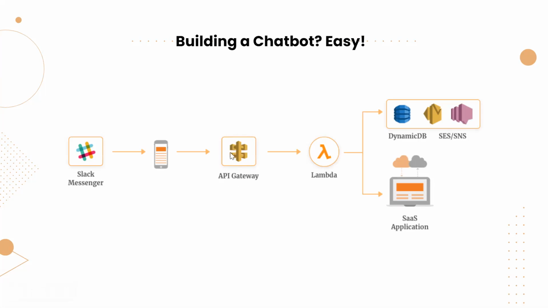This notification goes to the API gateway, and the API gateway takes whatever input the user said to the chatbot, and it passes it to a Lambda, which uses Simple Notification Service along with Simple Email Service and DynamoDB to connect to a software as a service application.